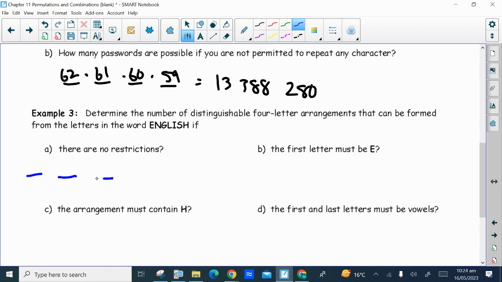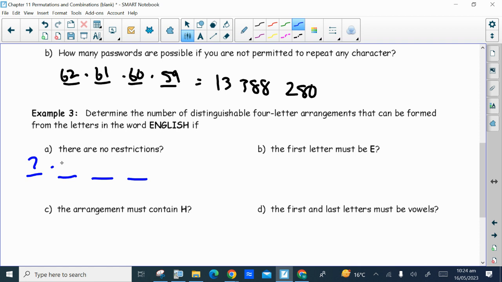So because we're only going to be arranging 4 letters, we mark down 4 spaces. There are 7 letters in the word, so there'd be 7 choices for the first. Now, you have to think of this like Scrabble tiles, meaning there's no repetition. Once you use a letter, it can't be used again.